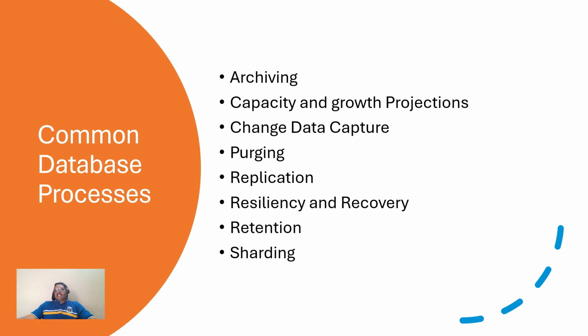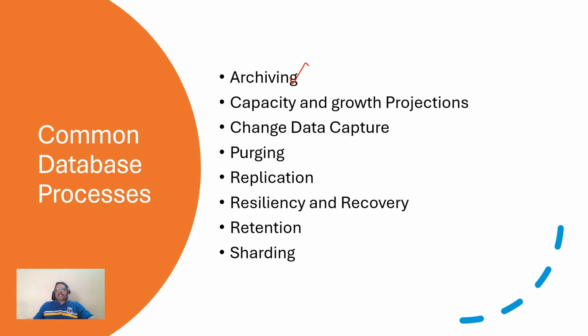So starting with archiving. What is archiving? Archiving refers to the systematic process of moving inactive or historical data from primary storage to long-term storage, a kind of cold storage, ensuring compliance, cost optimization, and data retrieval when needed.